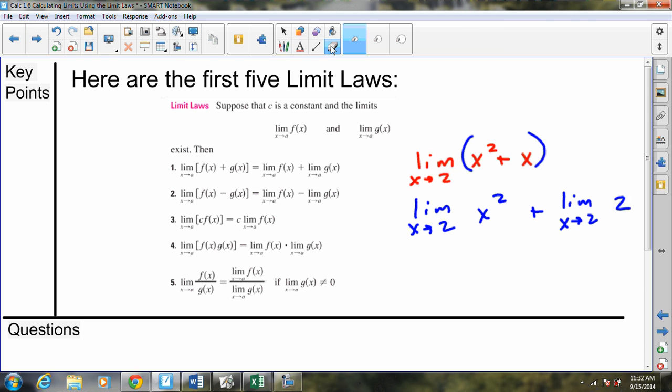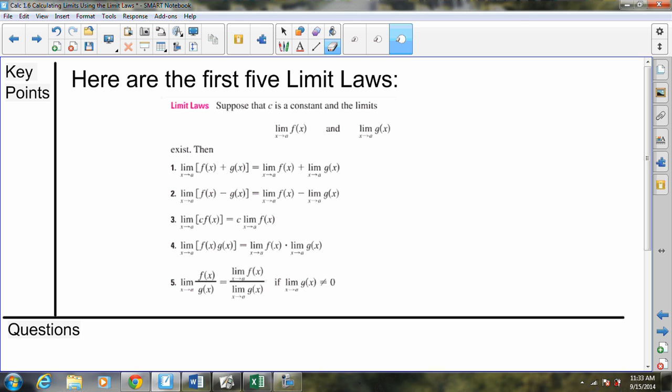Same thing for subtraction. If you had x squared subtract x, you can subtract the 2 limits. If you have a piece that is doing a product, and I'll erase this stuff and come back.